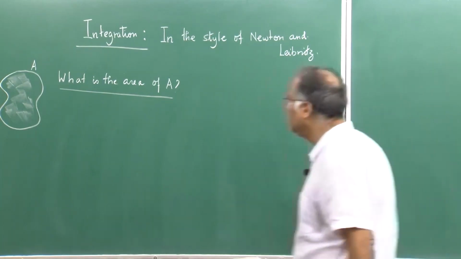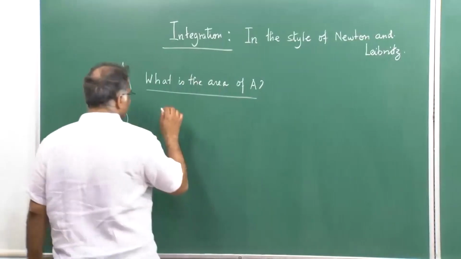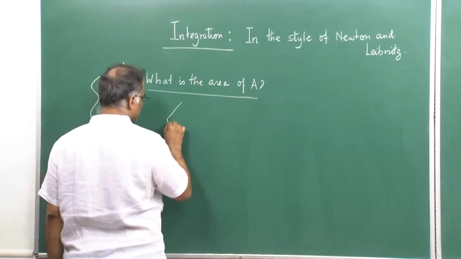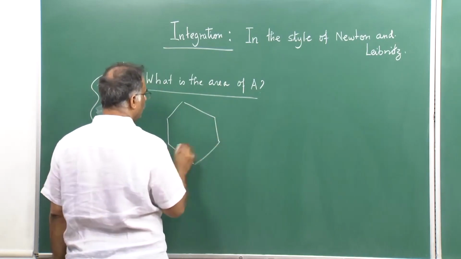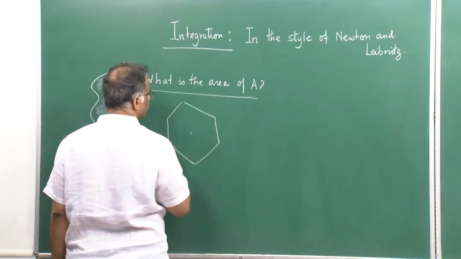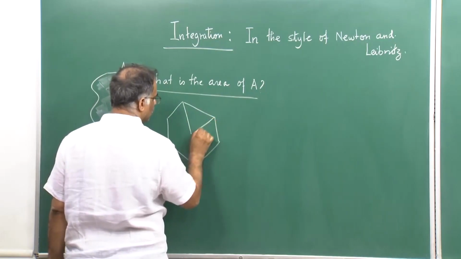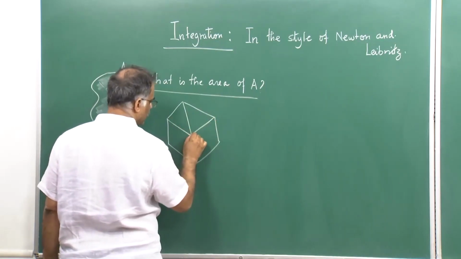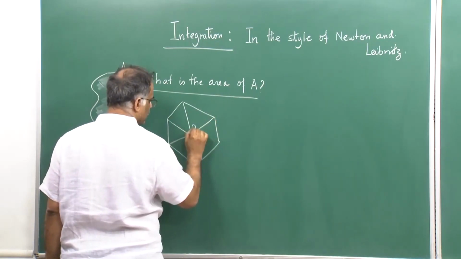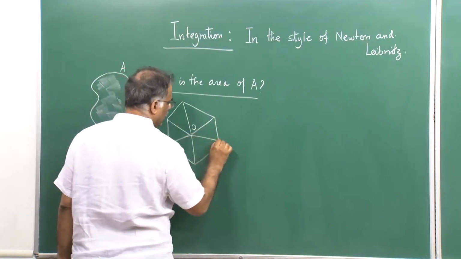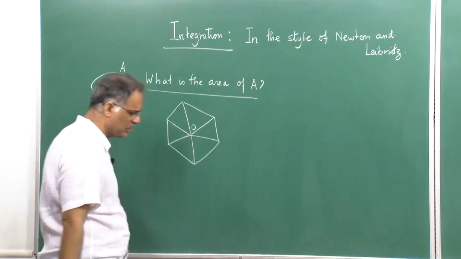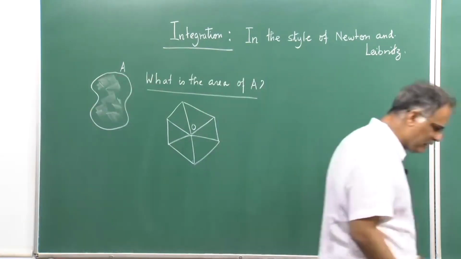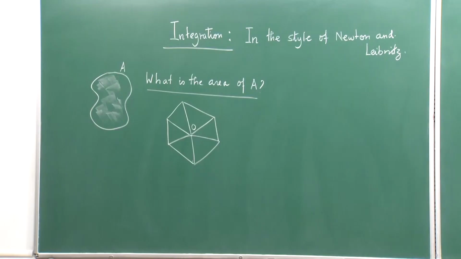For example, if you take a polygon, how do I know the area of a polygon? Take a point here, join all the sides with this point which is the center of the polygon, and then you compute the area of the triangles, add those areas and say, okay, this is the area of the whole polygon.